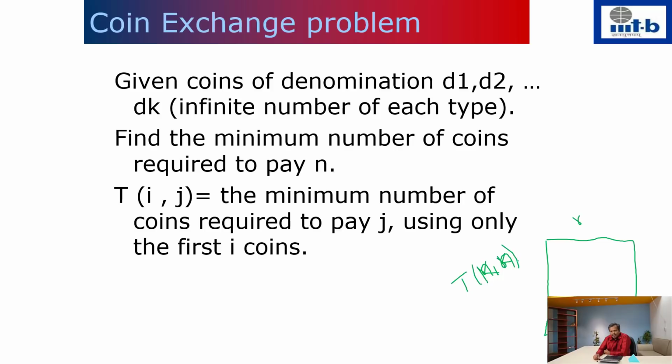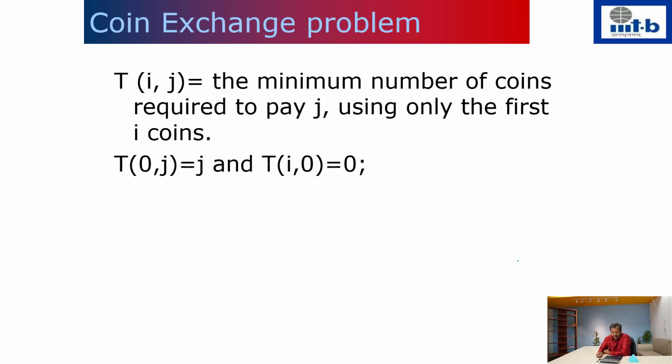So, the answer that we are looking for is T of k comma n. The way we build the table is by induction. We will try to solve the problem for smaller values of i and j and try to construct the table for bigger values of i comma j.